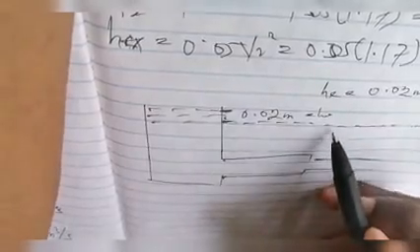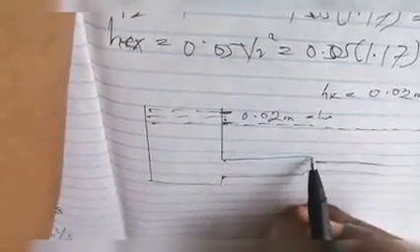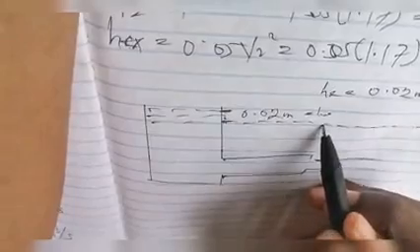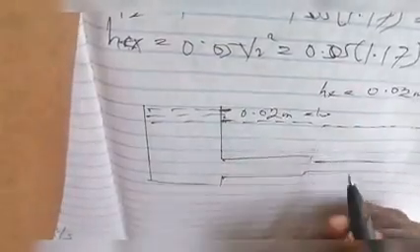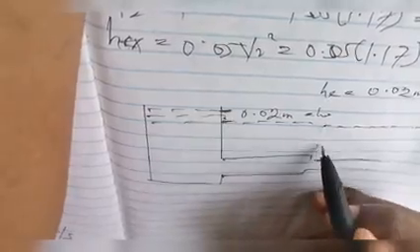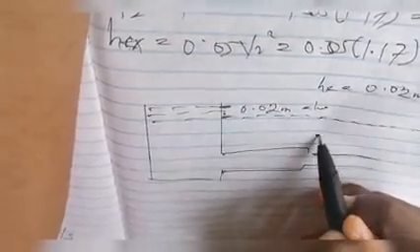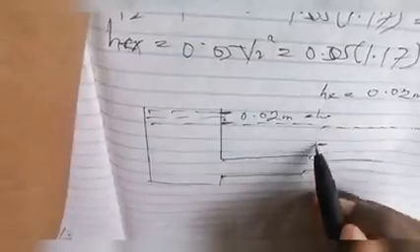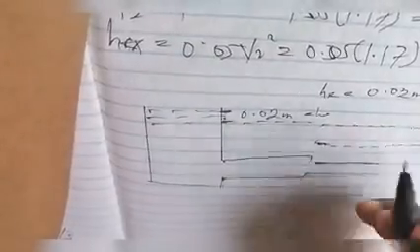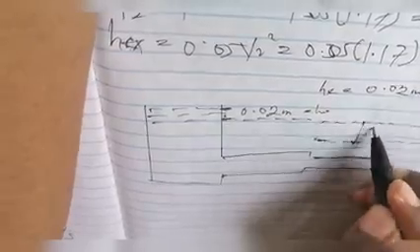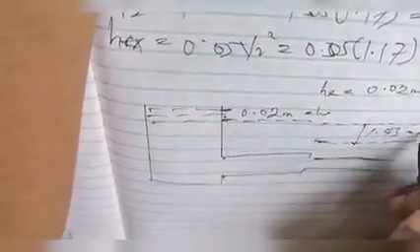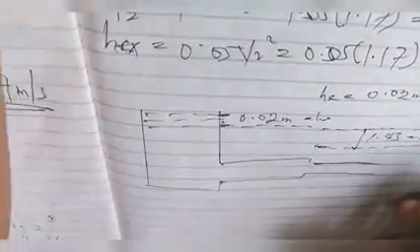Measure out 1.43 directly from this side. Let's say 1.43 is somewhere around there. So you can also trace this line out. So this height is given as 1.43, which is head loss due to friction in pipe 1.